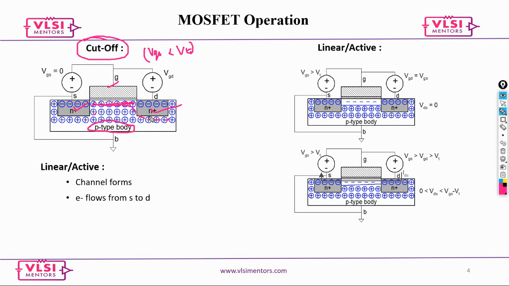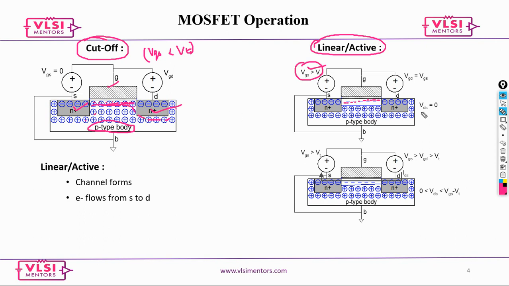And the next one is your linear or active region. Now remember, this is VGS greater than VT. Now your channel is formed because of this condition, VGS greater than VT. This channel is formed here, and the holes are being pushed away.